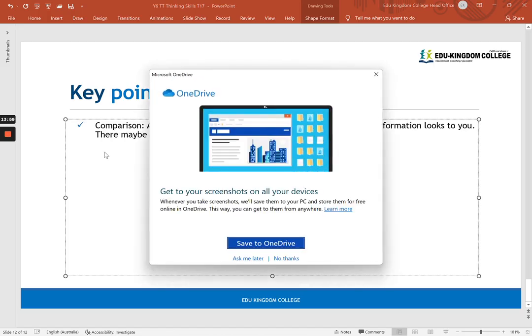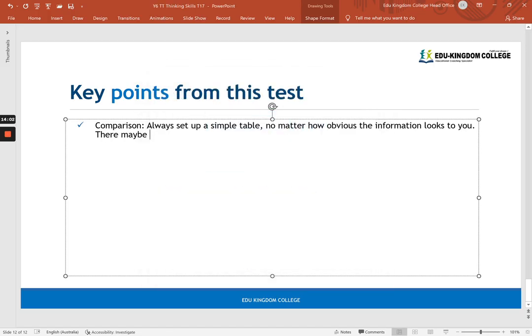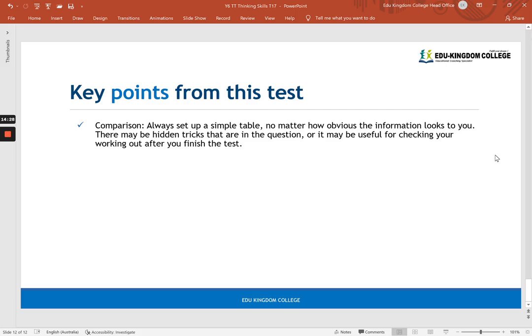There may be hidden tricks that are in the question, or it may be useful for checking your working out after you finish the test. So I just urge you guys to really visualize your information by writing it out, okay? Because that will definitely help you when you later on check your work or when you want to go back and have a look at doing the question again and so on.